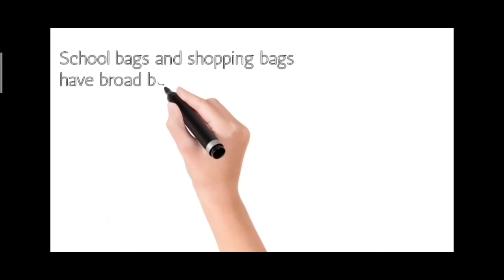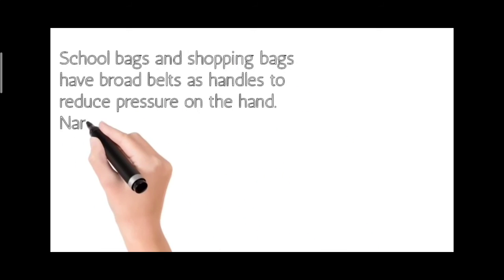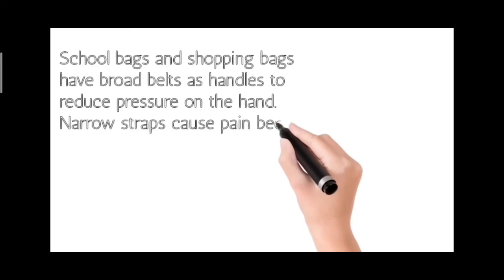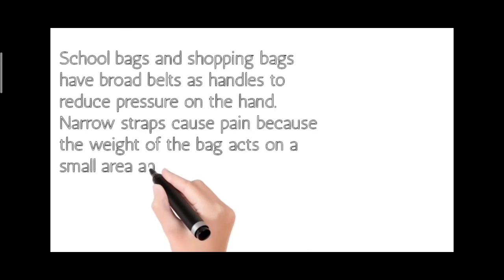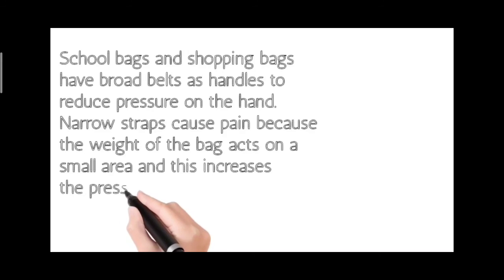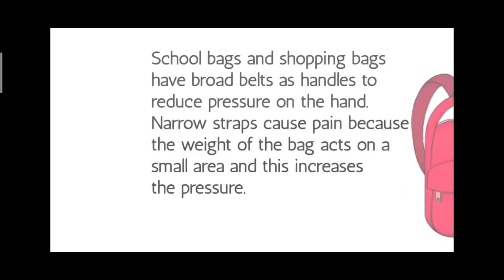School bags and shopping bags have broad belts as handles to reduce pressure on the hand. Narrow straps cause pain because the weight of the bag acts on a small area and this increases the pressure.